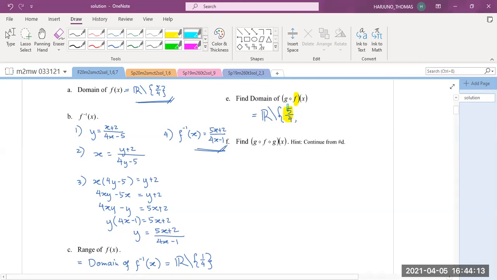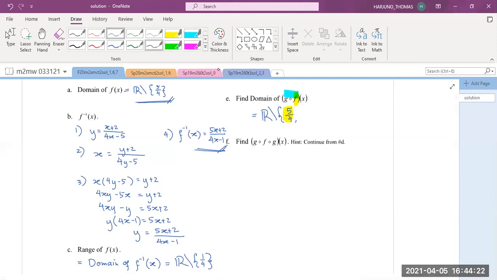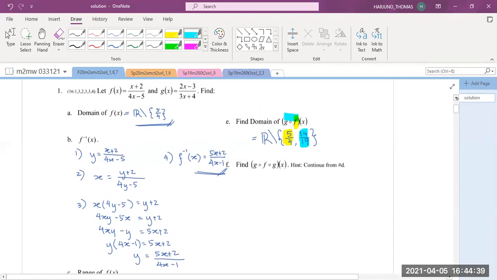Now then after that we consider the composition in which we need to avoid 14 over 19. Okay, the domain of g of f, you need to avoid those who cannot go into f, and then those who cannot get into the full composition.